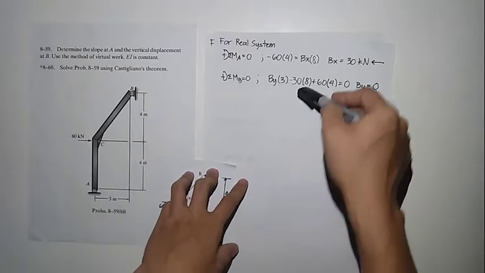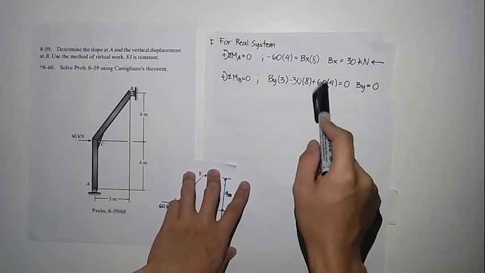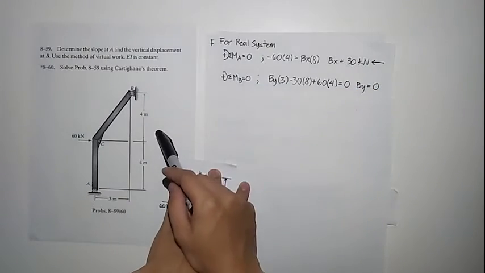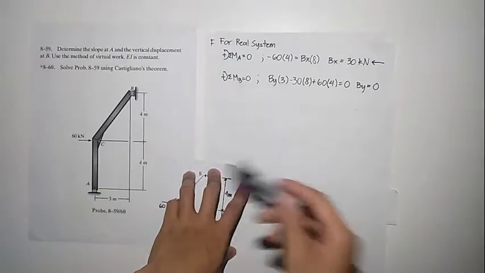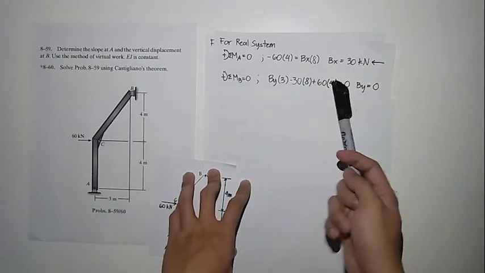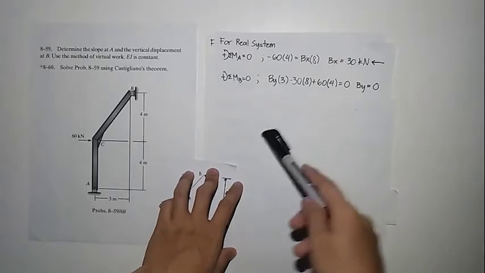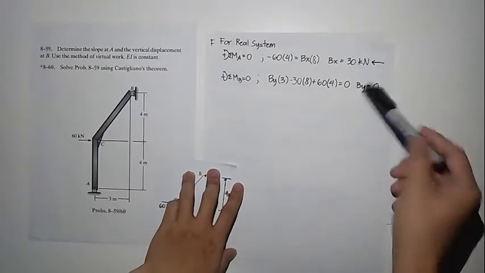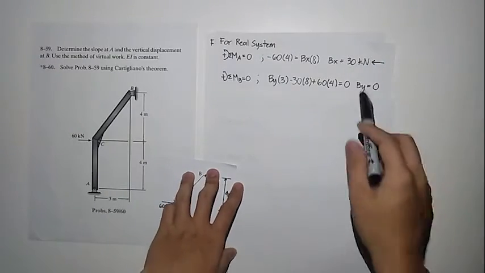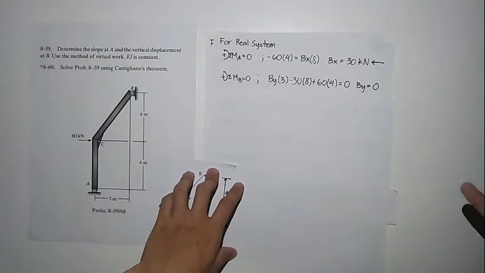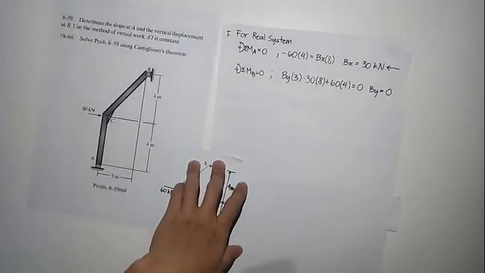And minus 30 times 8 plus 60. 30 po kasi hanggang B lang po tayo. Plus 60 times 4, in meters. So, equals to 0. So, BY is now 0, automatic na po 0, kagaya po ng pagsabi ko kanina.